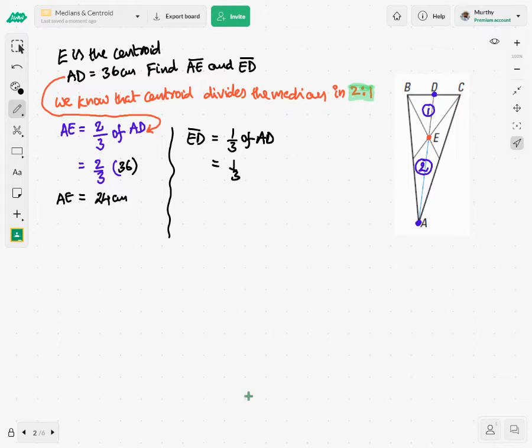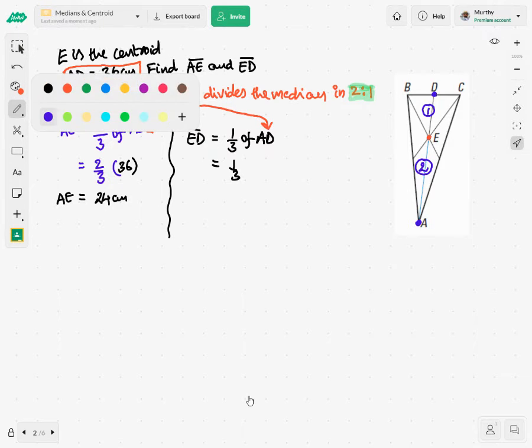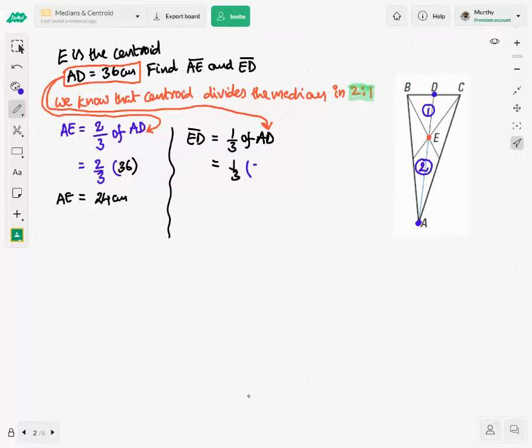Just now I told that the length of AD is given as 36. You have to plug in the value of AD here, then 1/3 of 36. Make use of a calculator. You'll get that ED is 12 centimeters.